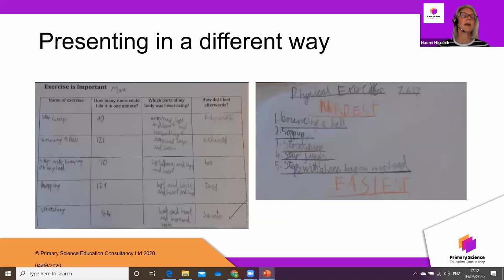So he's thinking about how many times he could do that particular thing in a minute, what part of his body he was exercising and how he felt afterwards. And then he's looked at all that data and re-presented it in a different way to show what he felt was the hardest to the easiest exercise. So he's presented that data in a different way to answer his particular question.